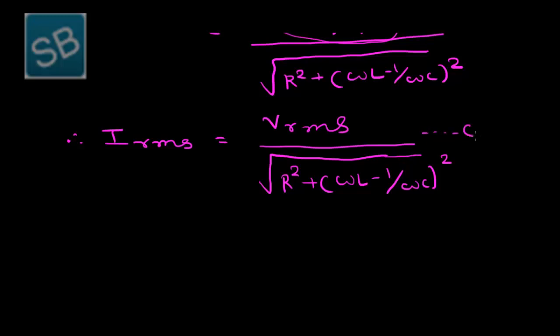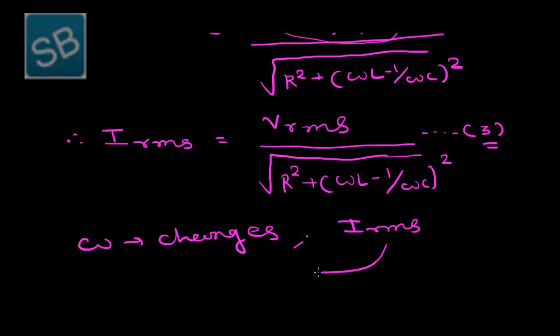And now I am writing this equation as number 3. This equation shows that if we go on changing the frequency omega of the voltage, then the value of IRMS will also change.